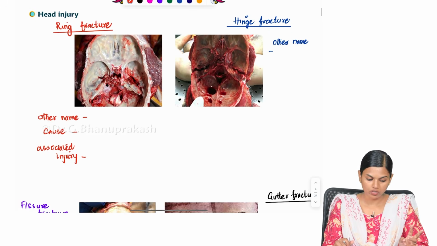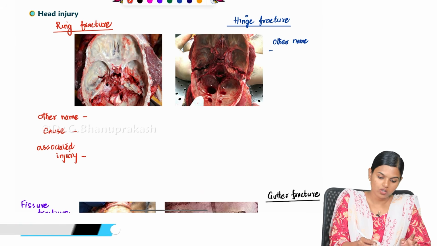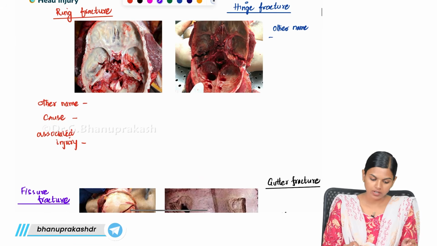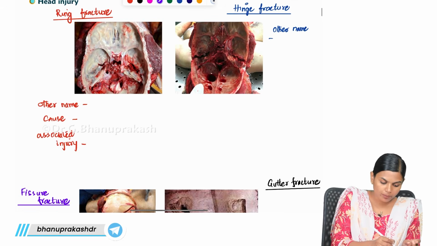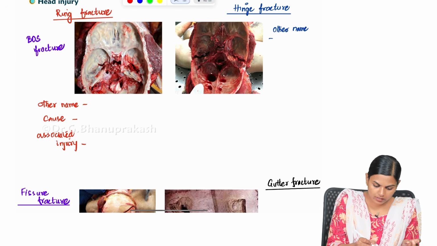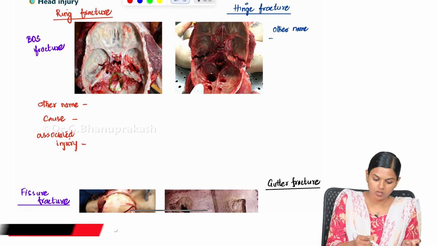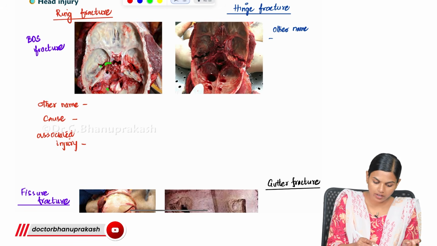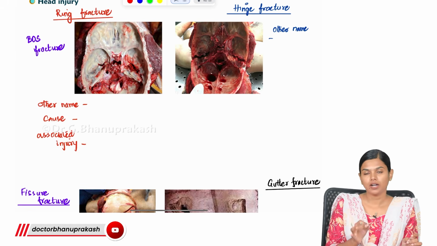Next we are going to see ring fracture. It is basically a base of skull fracture. Here, this is the foramen magnum, right? If you see a fracture line along this foramen magnum, it is known as ring fracture.